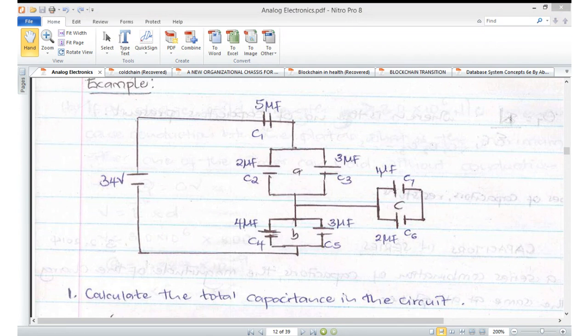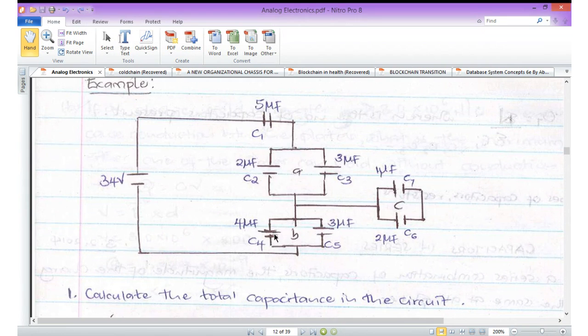If we have a circuit of that nature, then what we need to do is decompose that circuit, so that we can determine which capacitors are in series and which capacitors are in parallel.